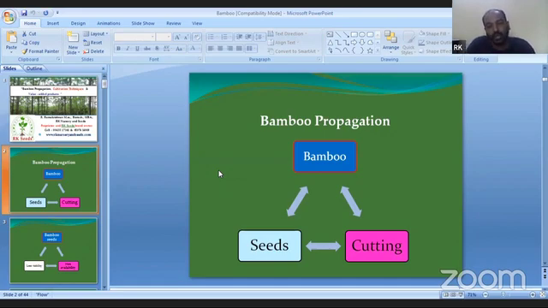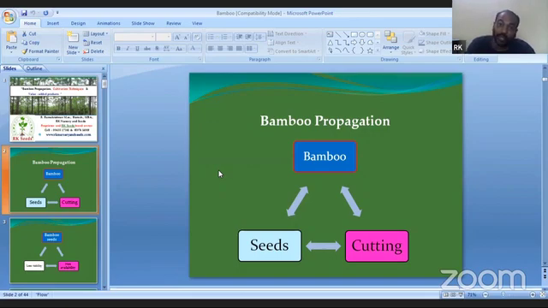So if we go for seeds, we wait 60 to 120 years. But when we plant in the forest area, we cultivate seeds every year, because we are planting in different years.